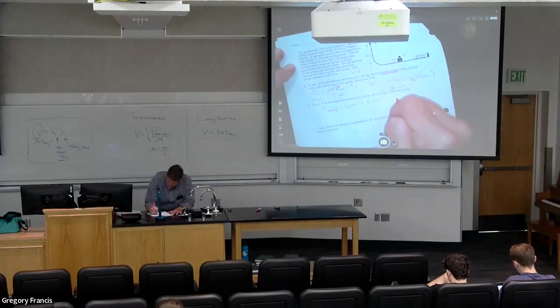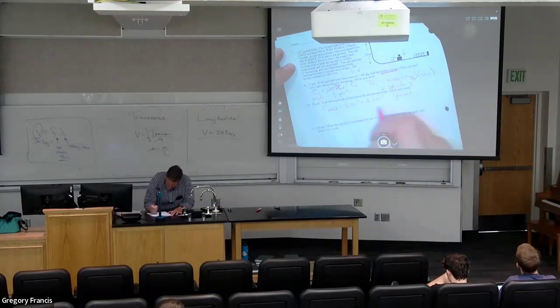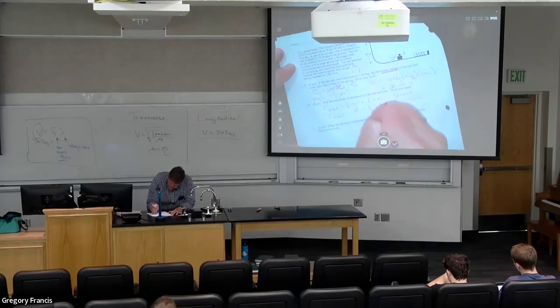That's the general equation. But I know that at the turnaround point, I've got to stop to turn around. So this goes to 0, and this goes to 1/2 k A squared.